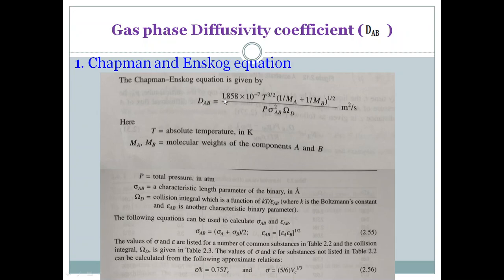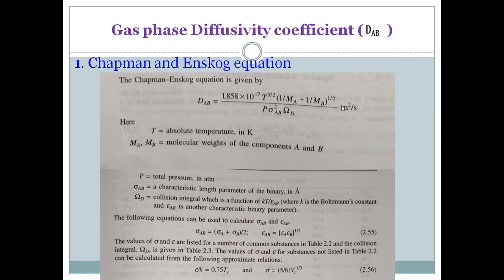DAB equal to 1.858 into 10 to the power minus 7 T to the power 3 by 2 into 1 by MA plus 1 by MB whole to the power half, divided by P sigma AB square omega D, and that unit is meter square per second.